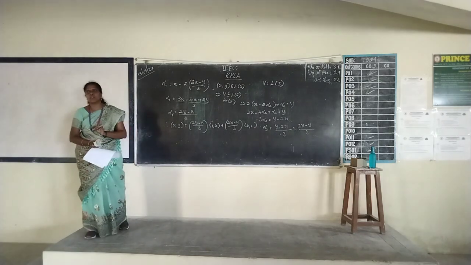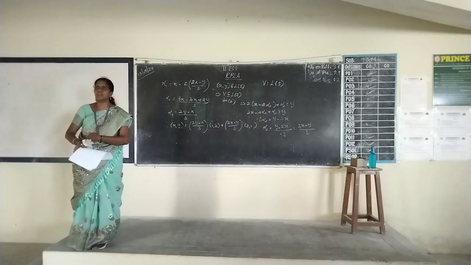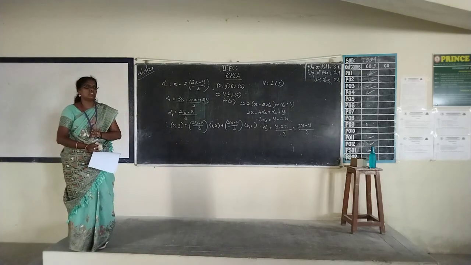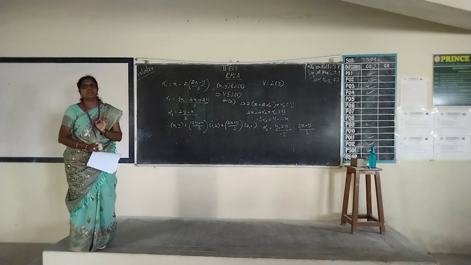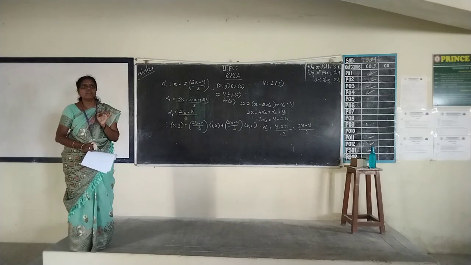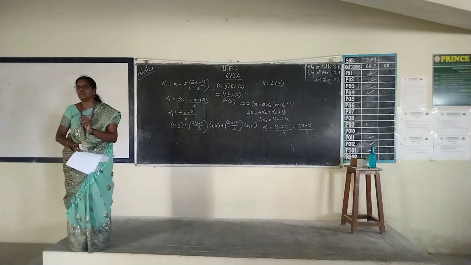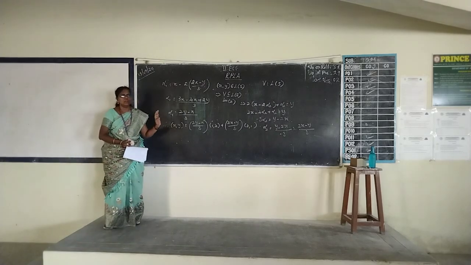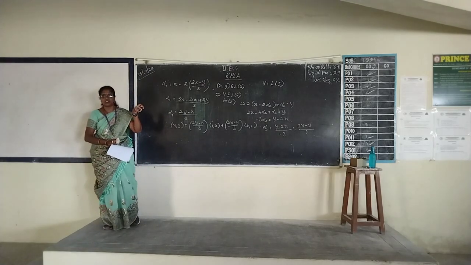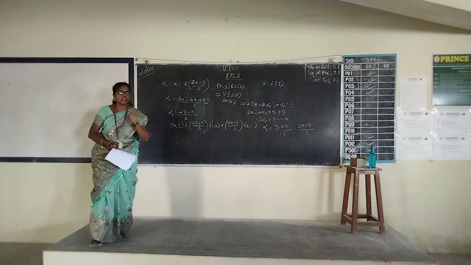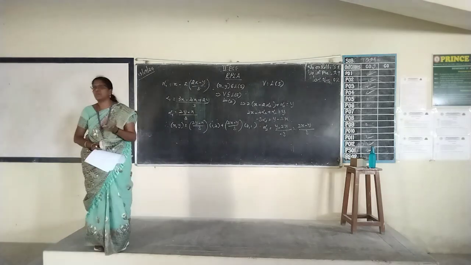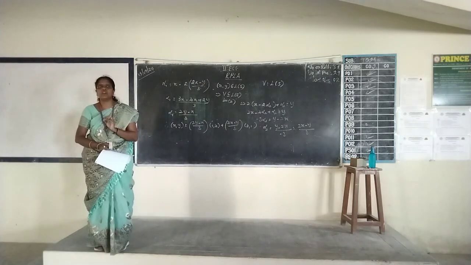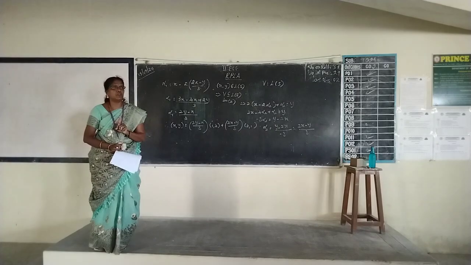Easy or difficult for this one also? Easy. The same concept only, but when you are solving with a general variable, that part you should be very careful. Here I just solved it directly, so it is okay for you. But when you go for the matrix transformation, when you are going to reduce it to an upper triangular matrix or any other form of triangle, you should be very careful, because we will be doing the transformation with unknown variables.